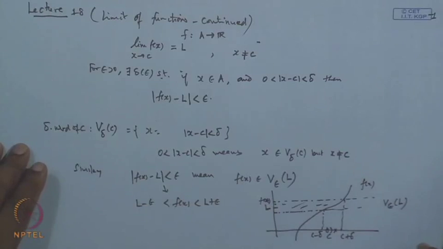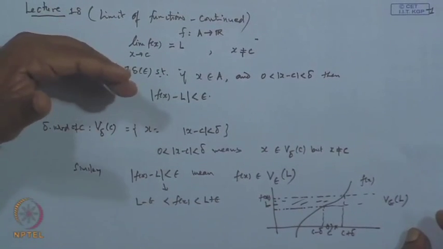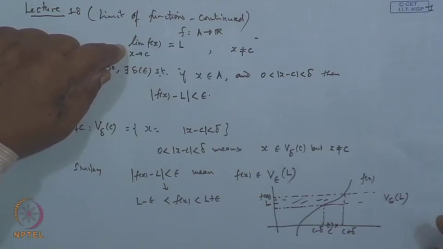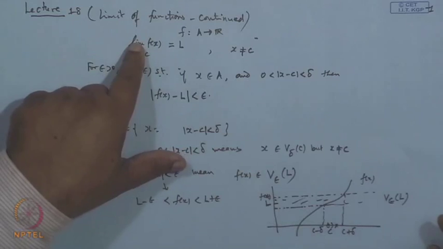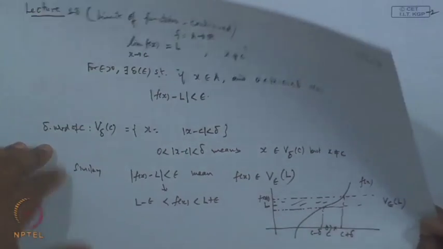So, we can also write an equivalent definition of the limit, and express the limit concept in terms of neighborhoods. This we can write in the form of a theorem.